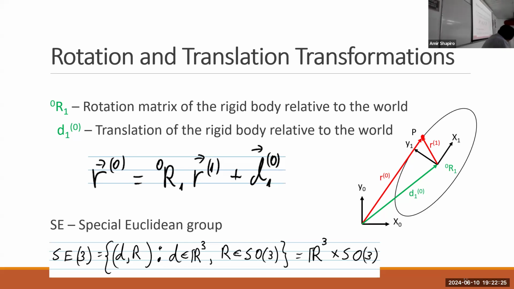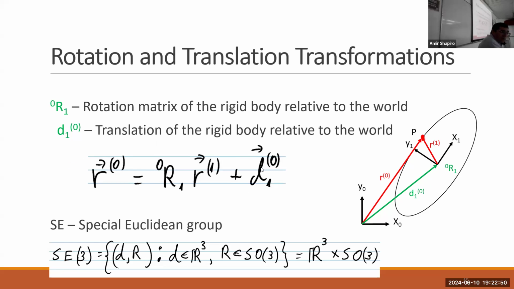So first I take the vector R and transform it from reference frame 1 to reference frame 0 by multiplying by the rotation matrix, and then add the translation vector D, which is already expressed in reference frame 0.